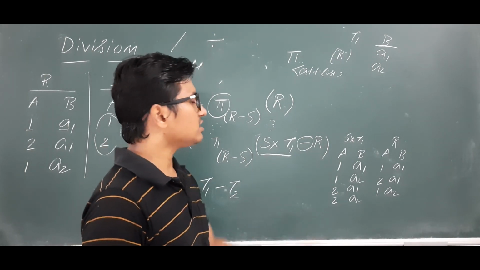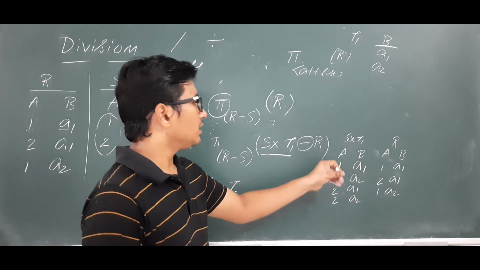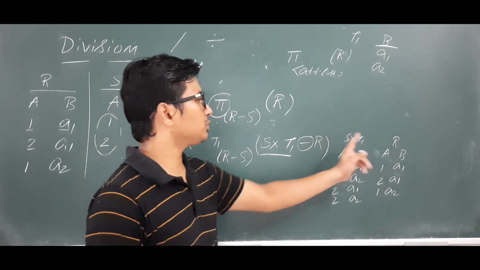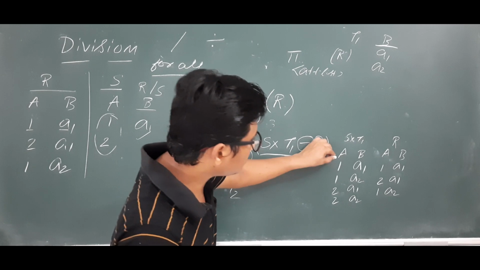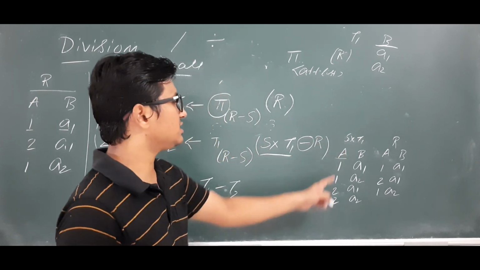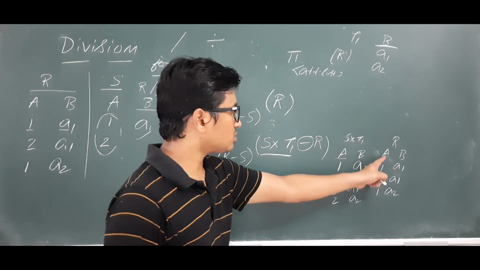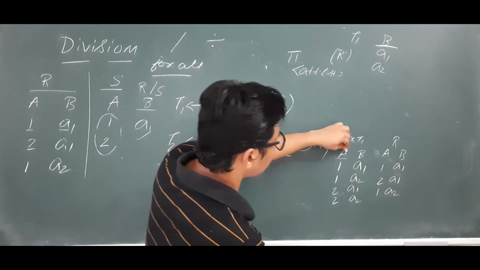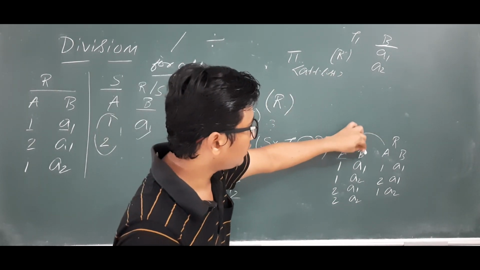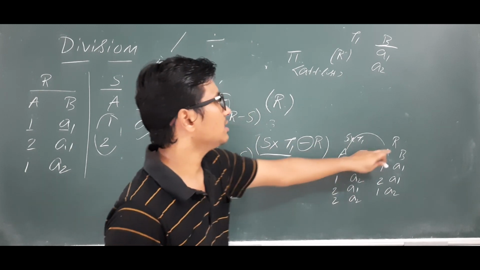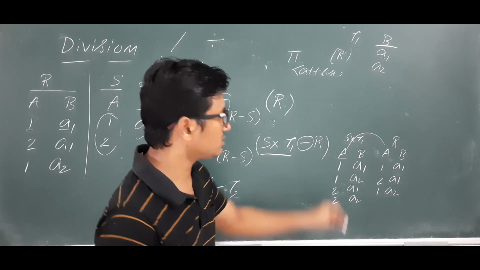The second point is that the domain of the corresponding attributes should be the same. If you see, the domain of the attribute A is integers. Here also it is integers. So this one and this one is matching. Now B's domain is characters, and B's domain here also is characters. So it is corresponding.